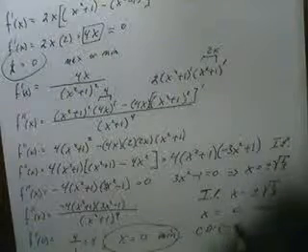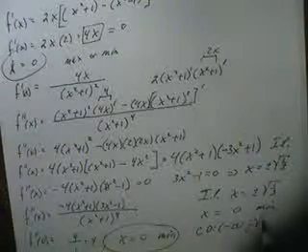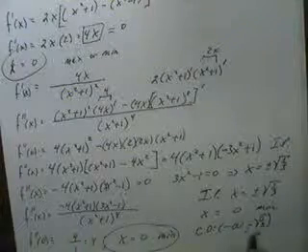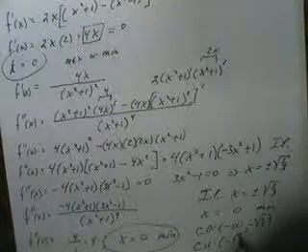It'll be concave down from negative infinity until we hit this intercept right here, which is at negative square root of 1/3. Then once it gets past negative square root of 1/3 until it gets to the positive square root of 1/3, it's going to be concave up. Everything's going to be positive. So from negative square root of 1/3 to the positive square root of 1/3, that's all concave up.